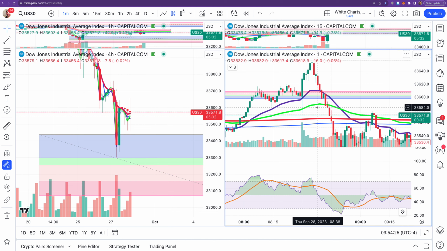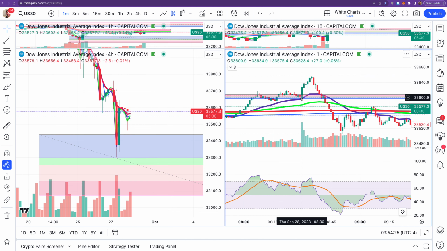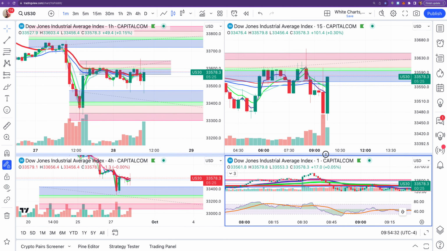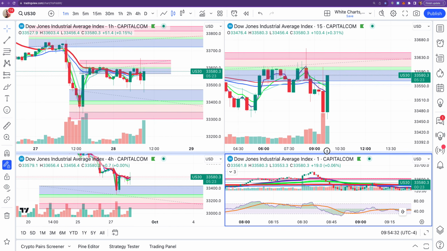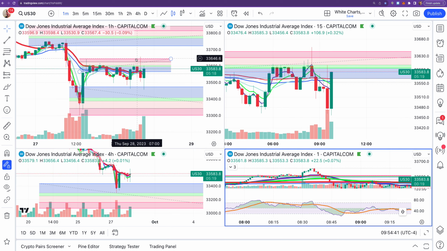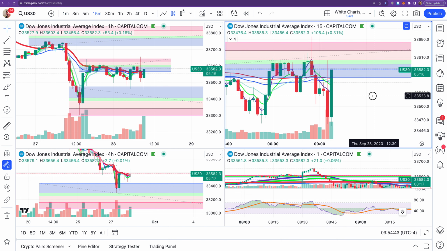So after that though, it bounced, and I was looking at everything, and I was going, okay, so I've got RSI confluence. I've got order block confluence now on the next two charts up, next two time frames up. So I was looking at this.